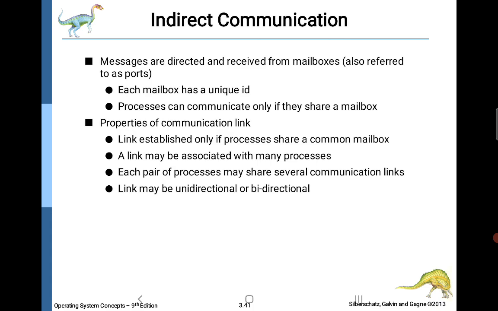If we are talking about indirect communication, this means the process is not sending directly to another process. There is a mediator, something in between, where process A will send to the mediator and process B will receive from the mediator. The mediator is called a mailbox.